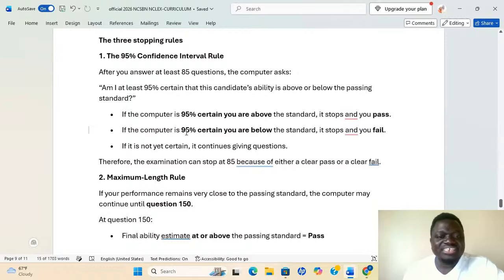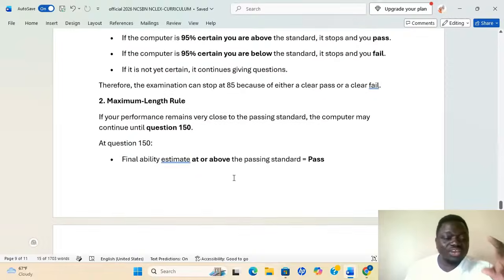If it is 95% certain that you are below, it will cut at 85 questions and you fail. But if the computer is not certain, you are in between pass and fail, and it continues giving you questions. Therefore, the examination can stop at 85 because of either a pass or a fail.